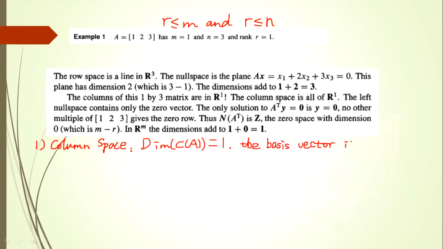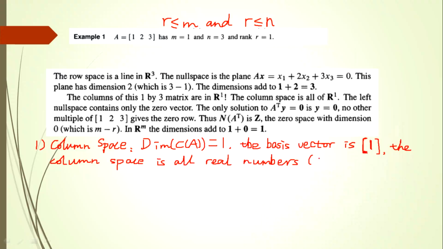It's just a number, right? So any vector in R can be expressed by this basis vector. That means the column space gives all the real numbers. The column space is R1, which means the dimension is 1.